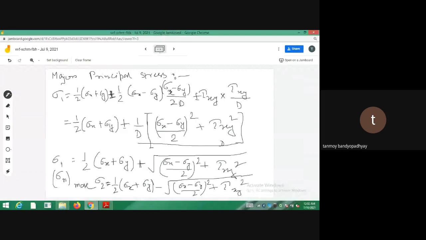Understood? If you put the positive values of sin theta and cos theta in the expression of sigma n, you will get sigma 1. If you put the negative values of sin theta and cos theta, you will get the second one. So the principal stresses are represented by this expression.